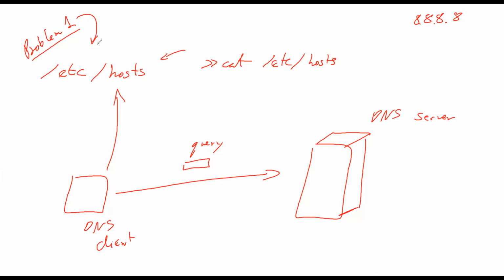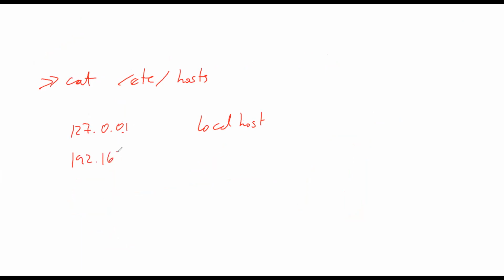But as for this /etc/hosts file, if you did cat /etc/hosts, you should know what cat is by now, it'll probably show at the top 127.0.0.1 localhost. Then maybe 192.168.1.2, and it would just be another host name that you're using.